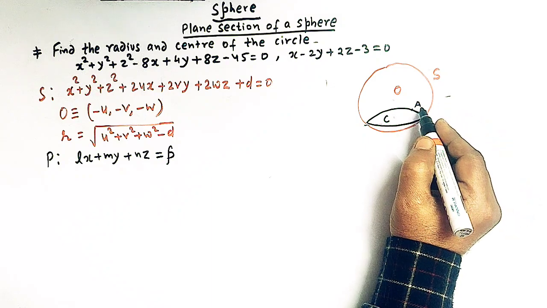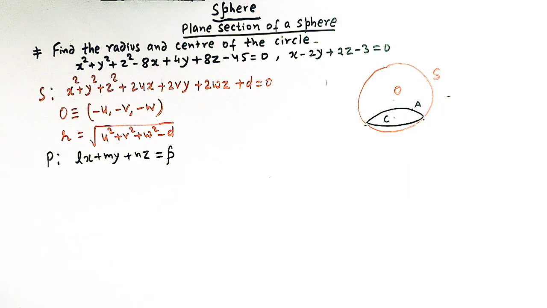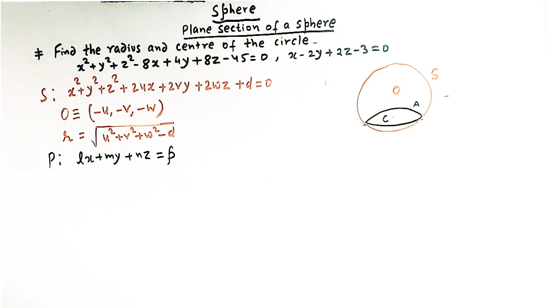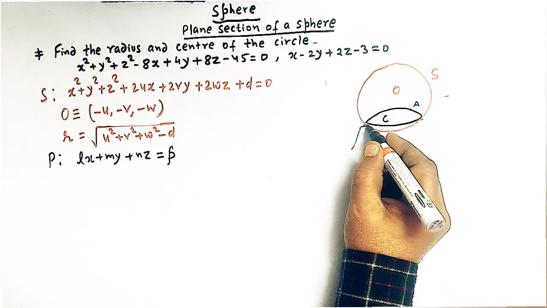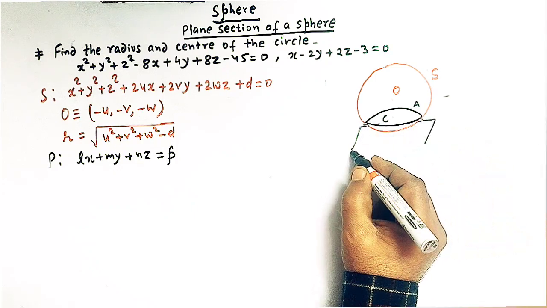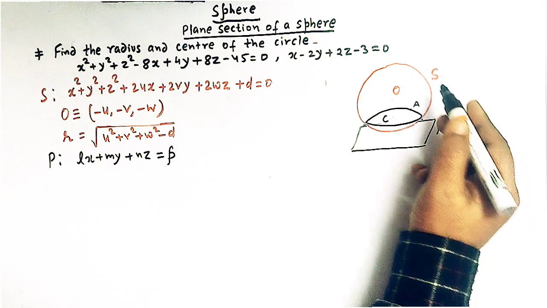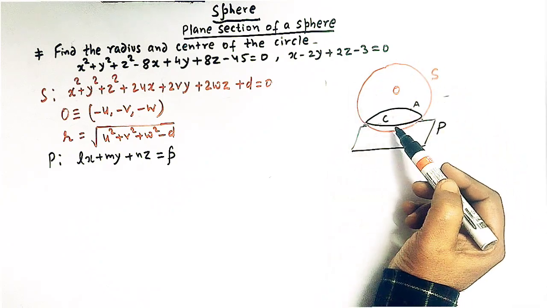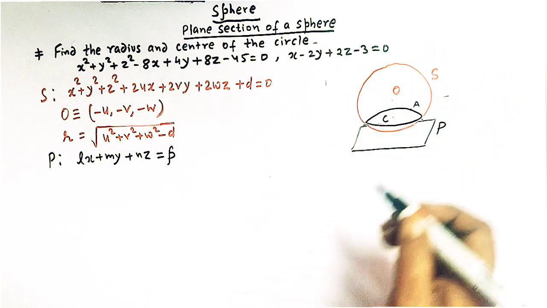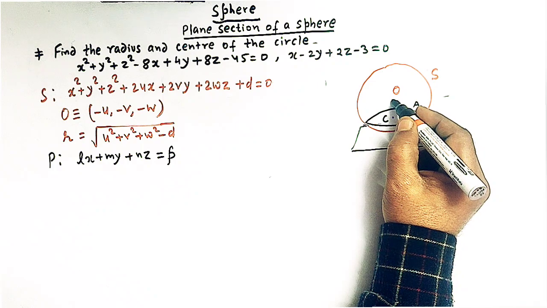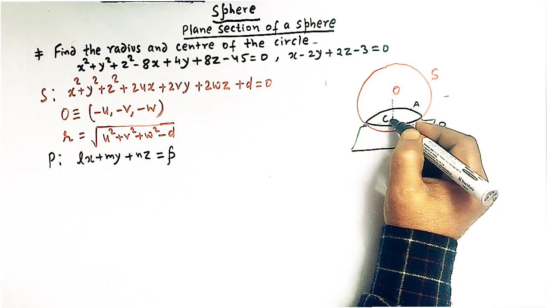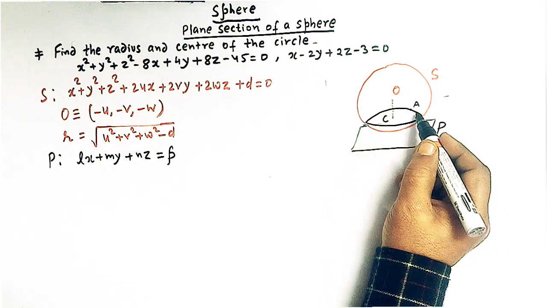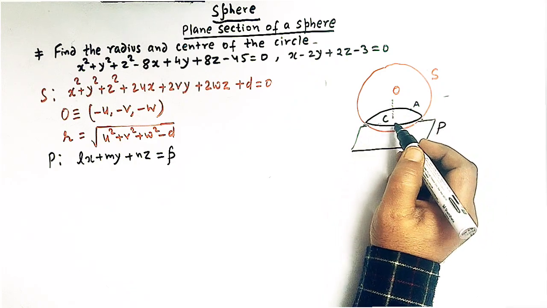And A is the point which lies on the sphere S. So the situation is that this plane P cuts the section of a sphere S, which is a circle, right? And if we join this point O and this point C, then OC is perpendicular to the plane of the circle, right?